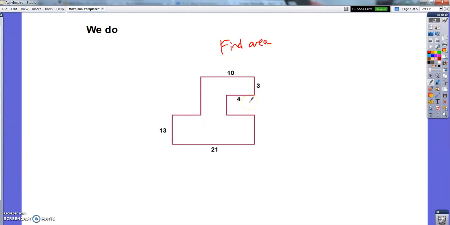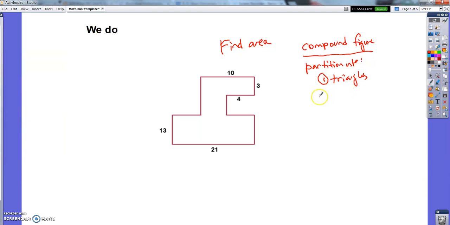All right, so this is called a compound figure or a complex figure. My plan is going to be to partition it into triangles, rectangles, and parallelograms.